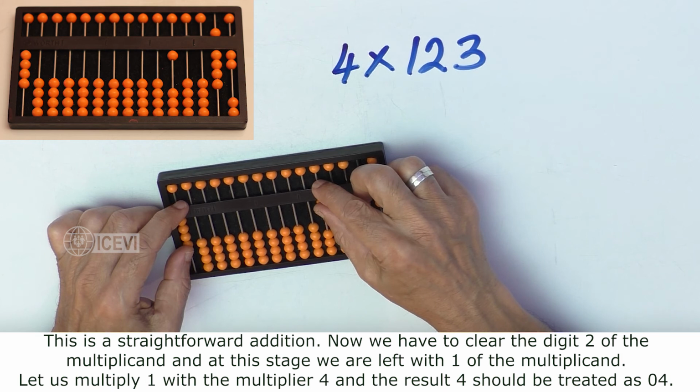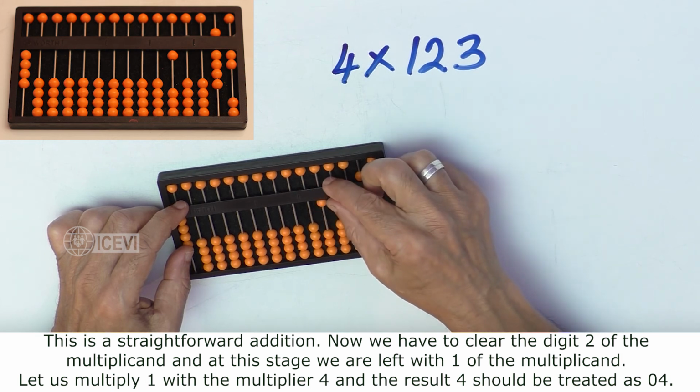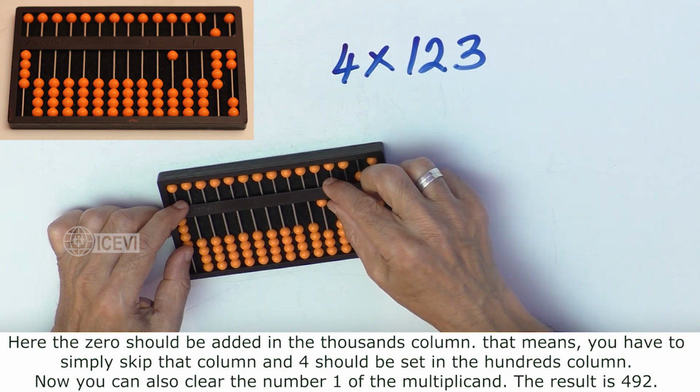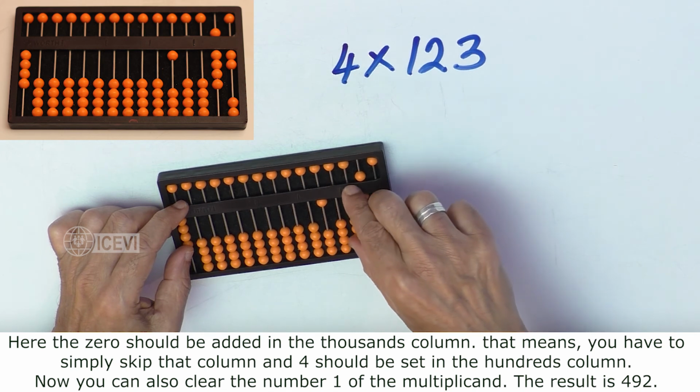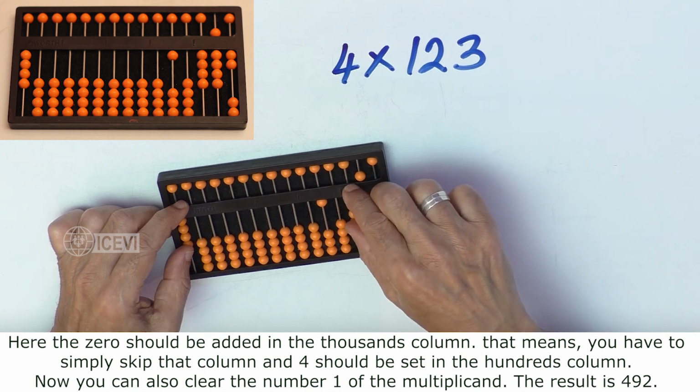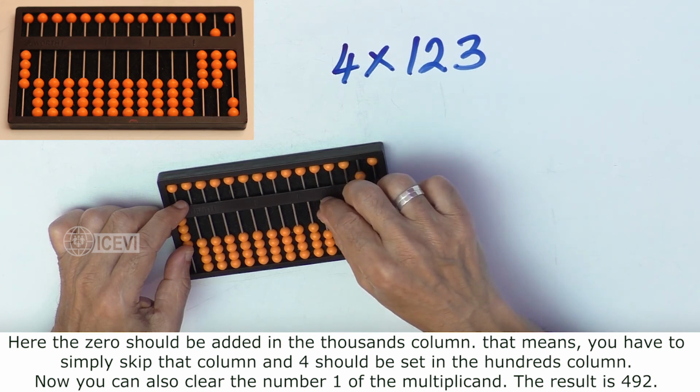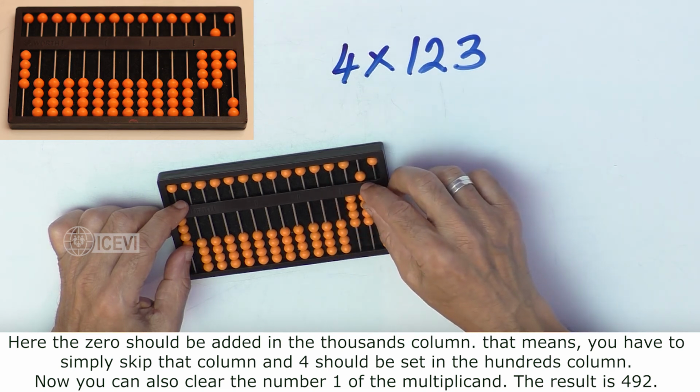The result is 4, which should be treated as 0, 4. Here the 0 should be added in the thousands column. That means you have to simply skip that column, and 4 should be set in the hundreds column. Now you can clear the number 1 of the multiplicand.